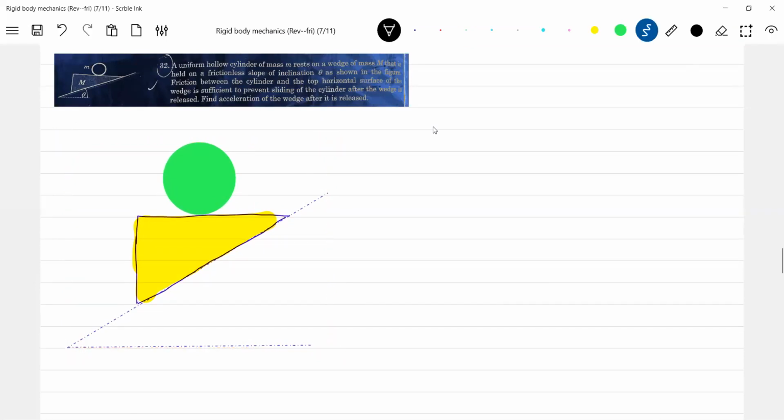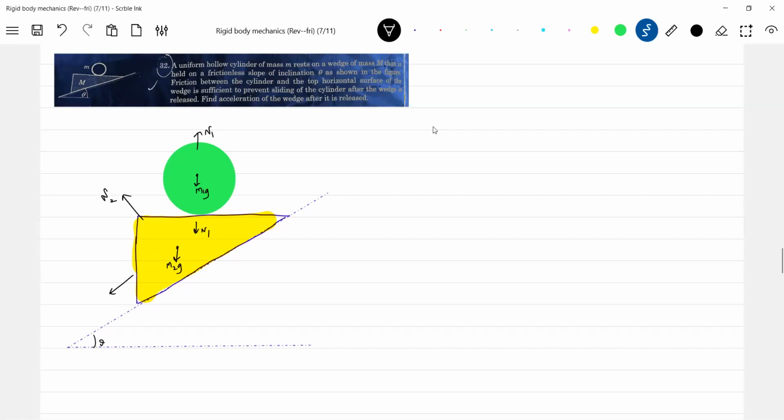Okay, the system is released from rest. Let me have M1G, M2G like this. So this will be the weight M1G. Normal contact N1, here N1. The weight of this will be M2G. This normal contact will be N2. Under N1, M2G sine theta.